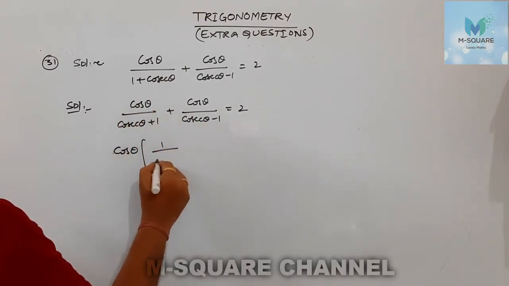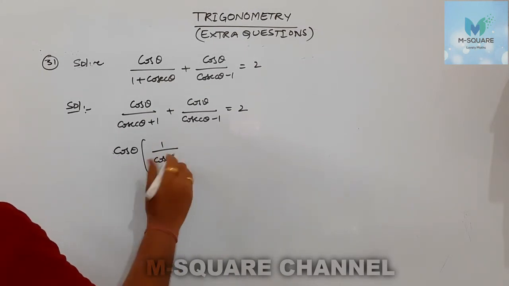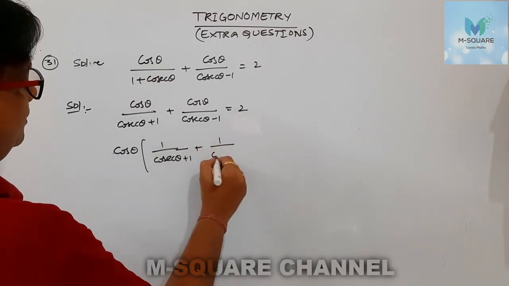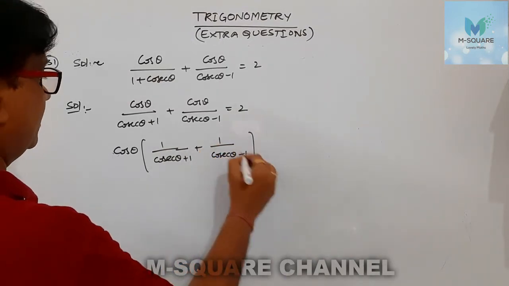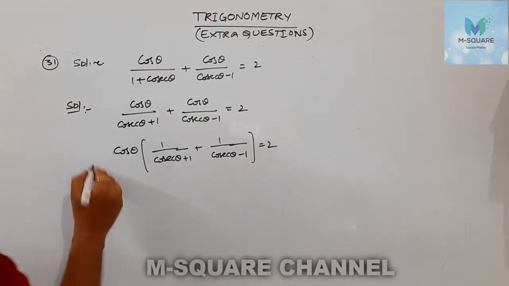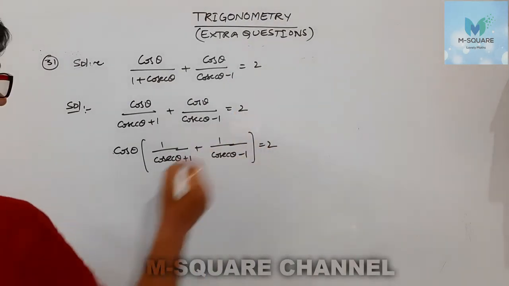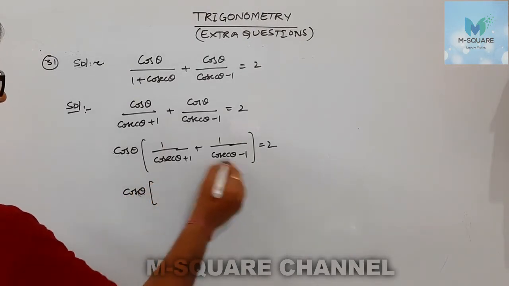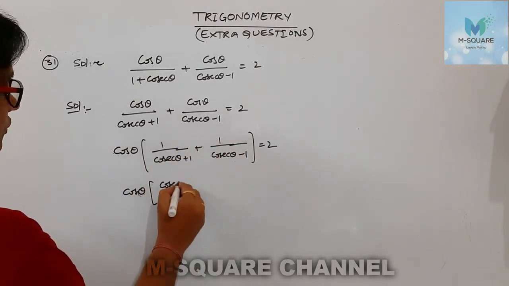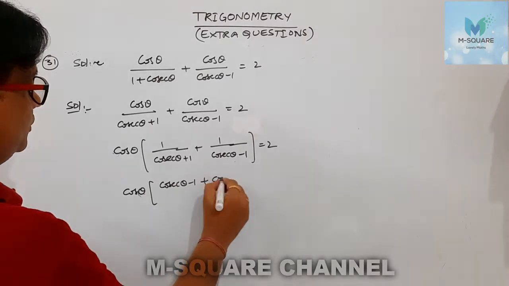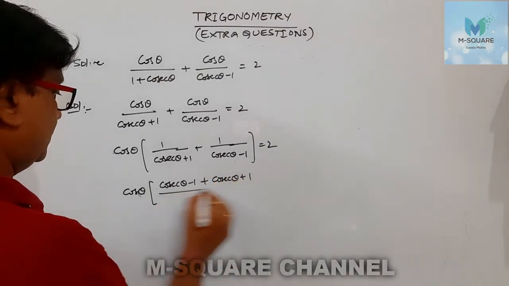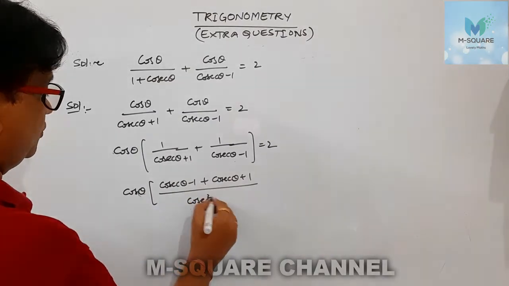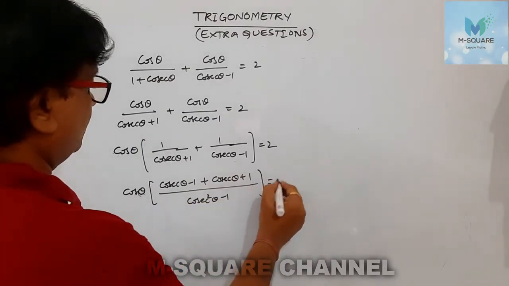So we get 1 by cosecant theta plus 1 plus 1 by cosecant theta minus 1 equal to 2. Again, taking the LCM, cosecant theta minus 1 plus cosecant theta plus 1 by a plus b into a minus b, cosecant square theta minus 1 square, that is 1.